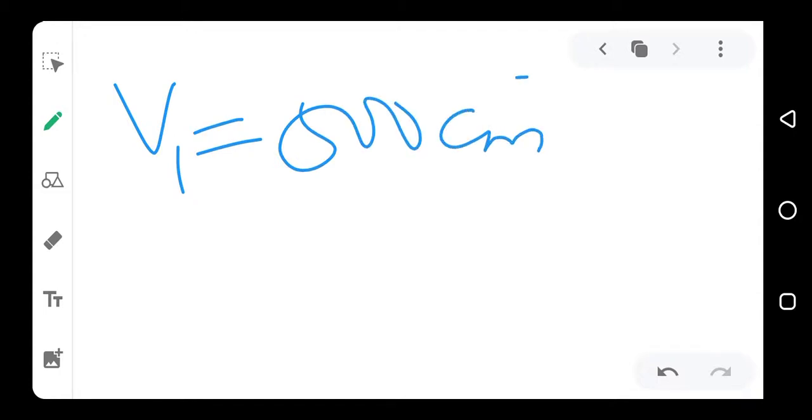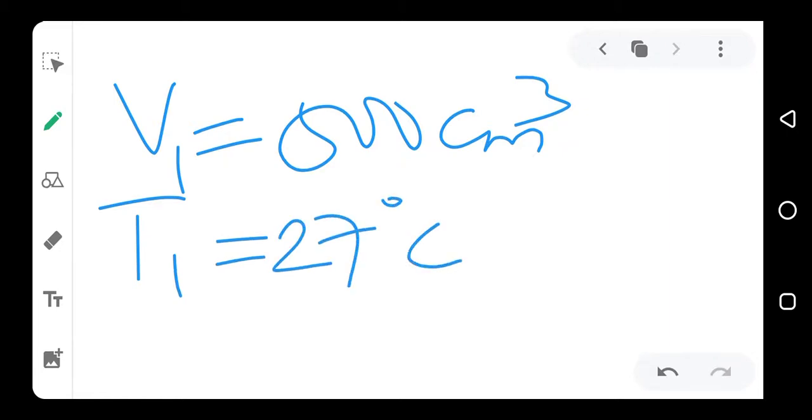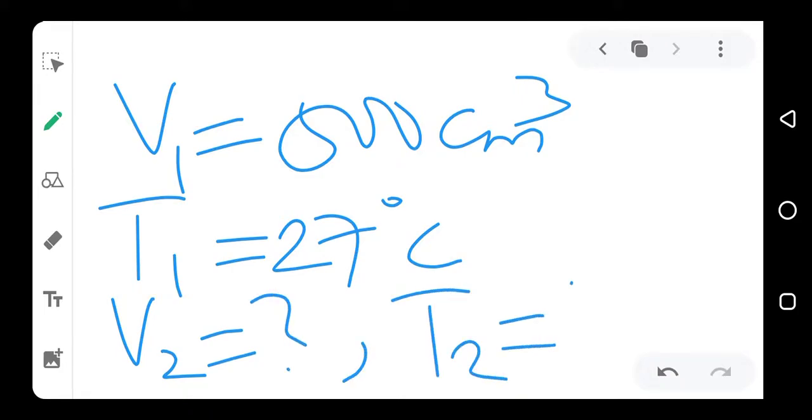Our V1 is equal to 500 cm cube. Our T1 is equal to 27 degrees Celsius. Our V2, we are looking for it, is unknown, and our T2 is equal to 40 degrees Celsius.